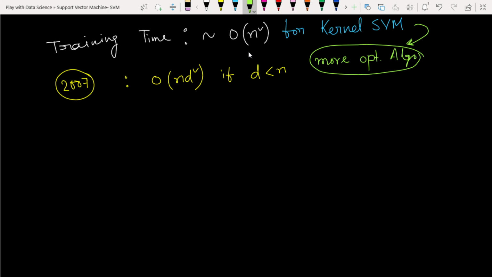For a low latency model, it is impossible to train and to use a model with this time complexity. So when n is large, order of n square is impossible.